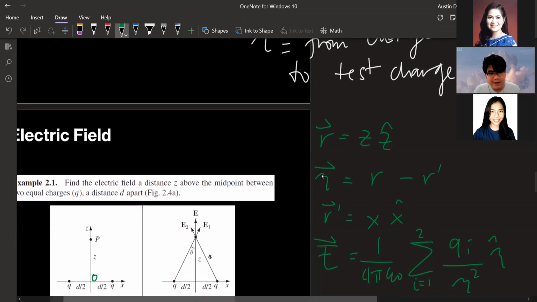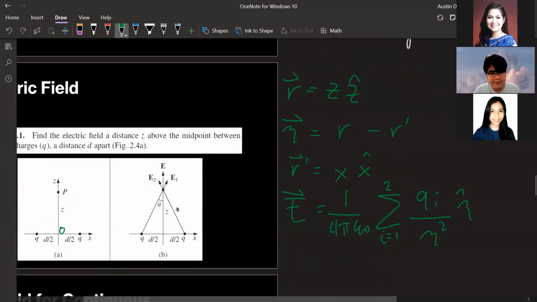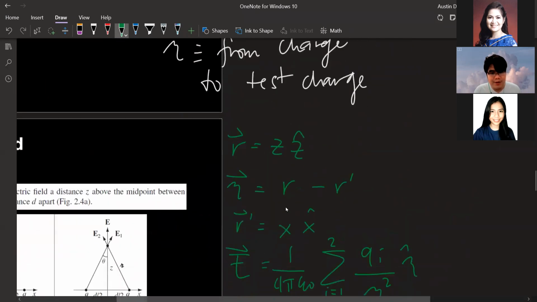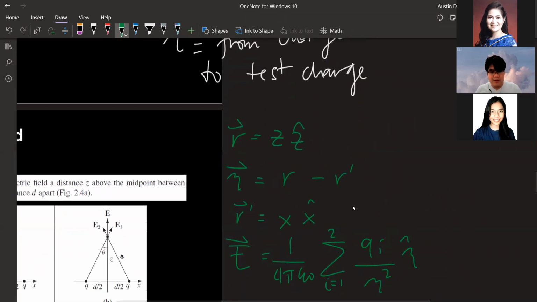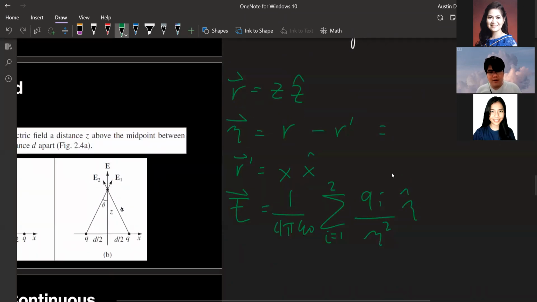Let's evaluate tong separation vector natin. Since we know R to be z hat minus x hat.